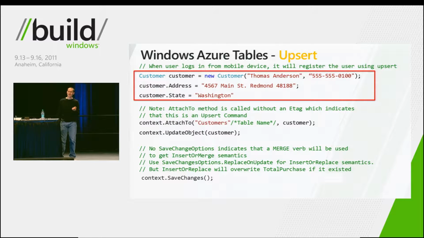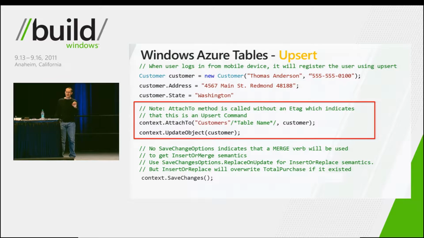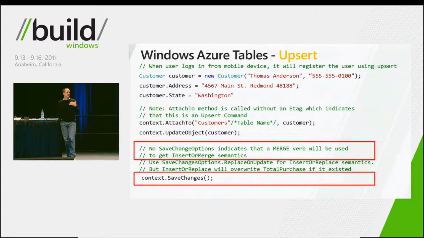So in order to use upsert, what you're going to do is say attach to with that customer object for that table, but you're not going to specify an ETag. Okay? This tells us that you're going to do an upsert. You then do save changes, and that command is actually sent to our cloud storage system, and we upsert it based upon what's in the table.